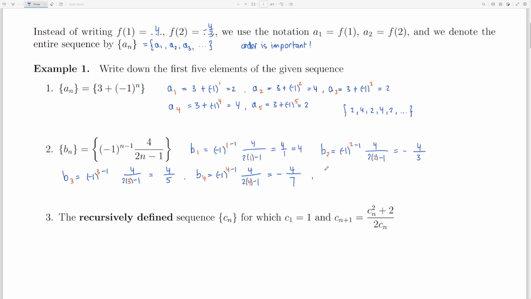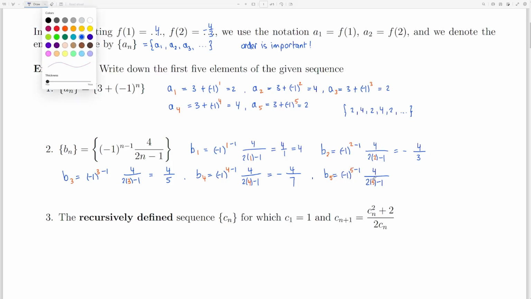And then finally, we need to find b sub 5. That is -1 to the power 5 minus 1 times 4 over 2 times 5 minus 1. And what this simplifies to is a positive 4 over 9.